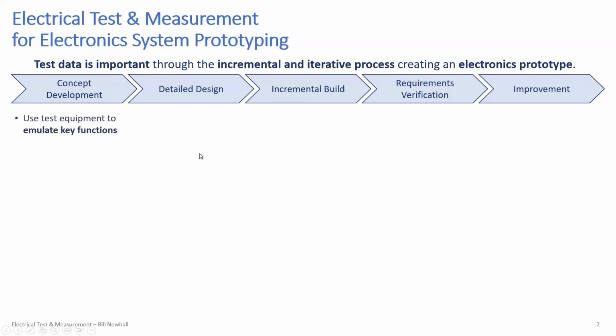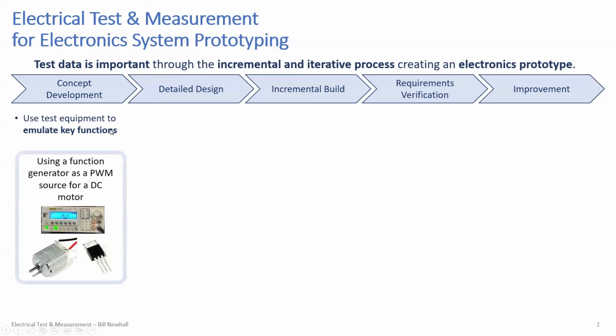So we use test equipment in concept development to emulate key functions. For example, you're going to be working on your project in lab that is going to involve pulse width modulation from a microcontroller. Well, long before you get your microcontroller programmed and built and set up, you can use test equipment to test pulse width modulation using a function generator.